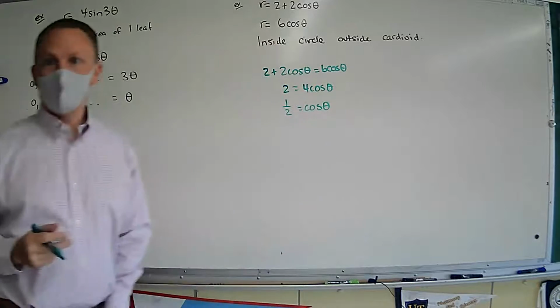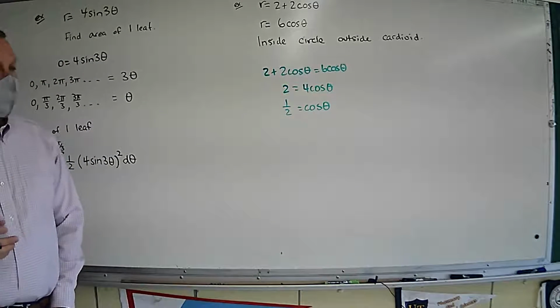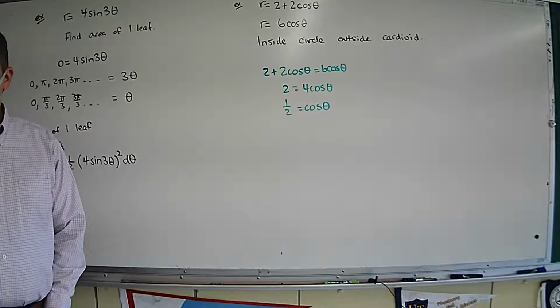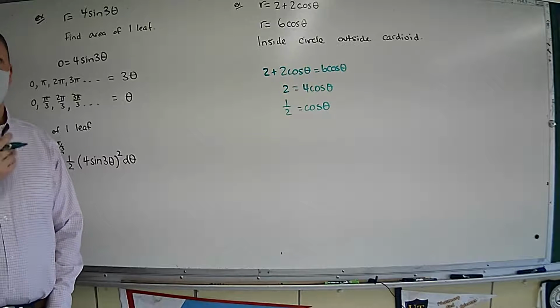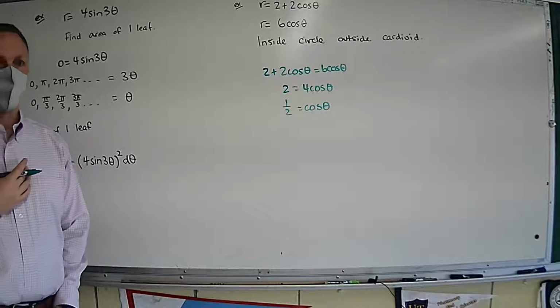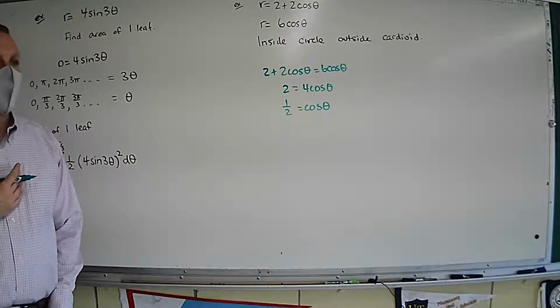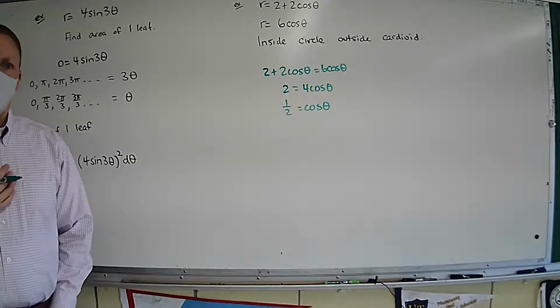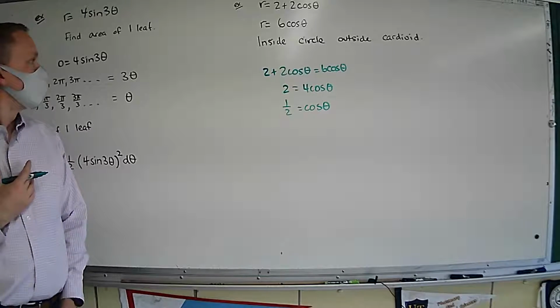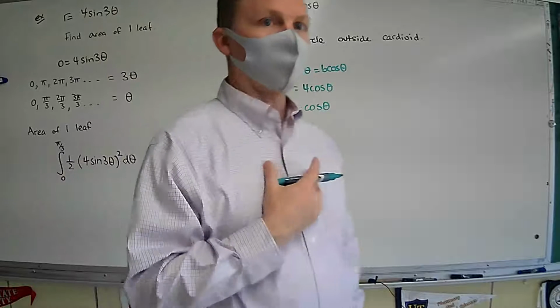Did you get to this point? So again, we got to know some trig here. It's nice when these come out to be special angles. I think it's harder when they're not special angles. So where is the cosine equal to 1/2? Where's the cosine equal to 1/2?